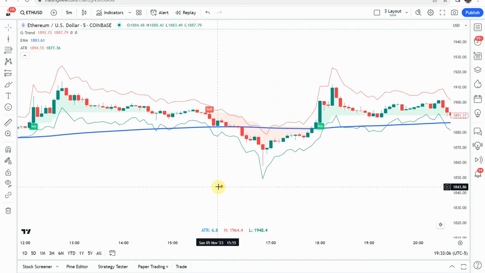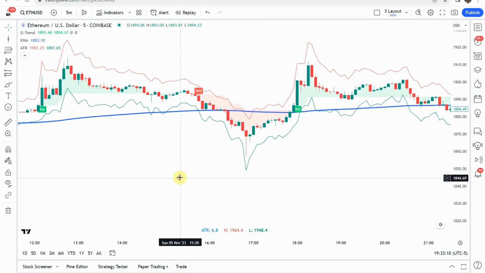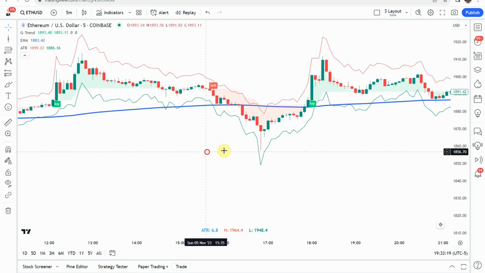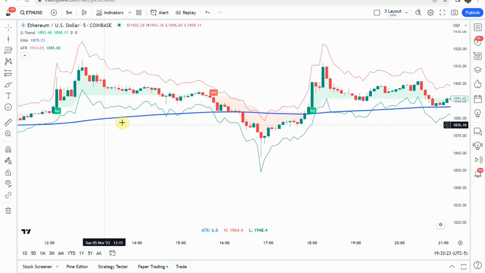And so the strategy that we are looking for is when we get a sell signal on the G trend indicator, then we are looking for price action to be above the 200 period EMA.